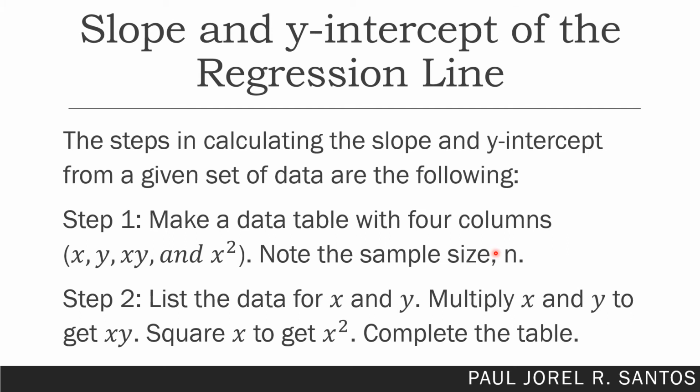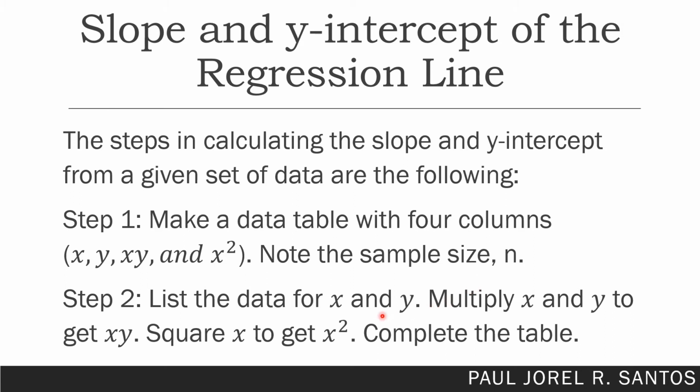What are these 4 columns? We have x, the independent variable, y, the dependent variable, the product xy, and the square of x. We also have to note the sample size, which is n. That is the first step.